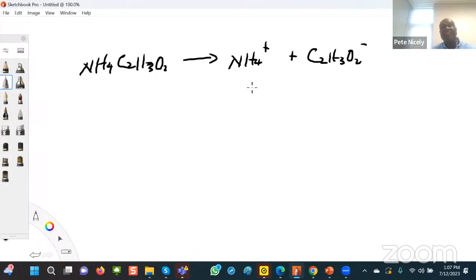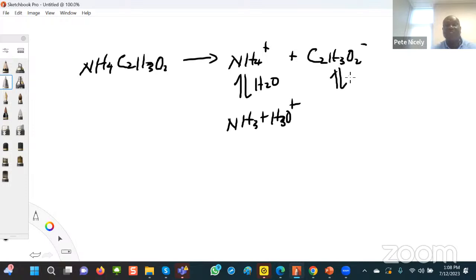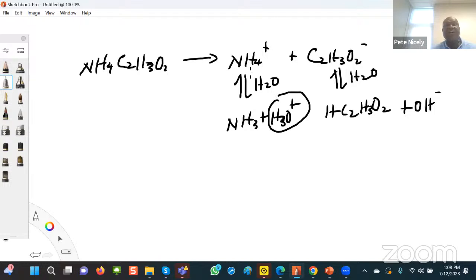Okay, so in this particular case, what's going to happen is the ammonium is going to react with water to form NH3 plus hydronium ions. And the acetate is going to react with water to form HC2H3O2 plus OH minus. So in this case here, you're going to have the hydronium ion being produced as a result of the hydrolysis of the ammonium ion, and you're going to have the hydroxide ion produced as a result of the hydrolysis of the acetate ion.